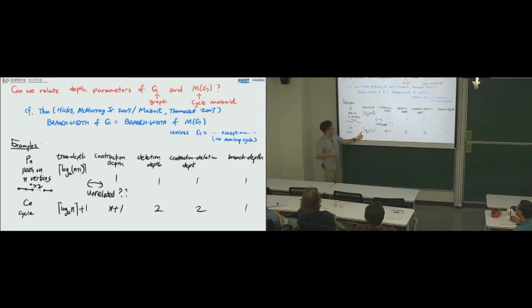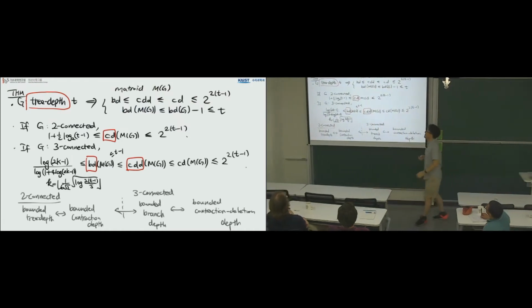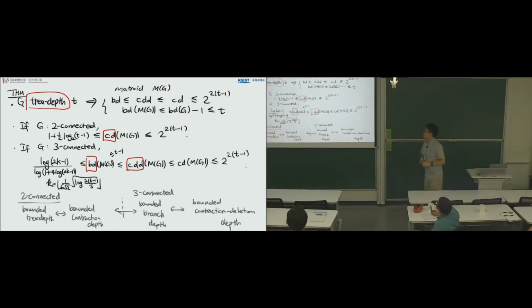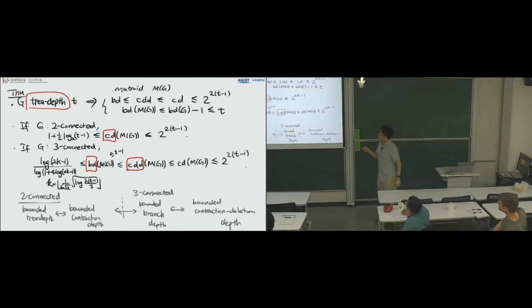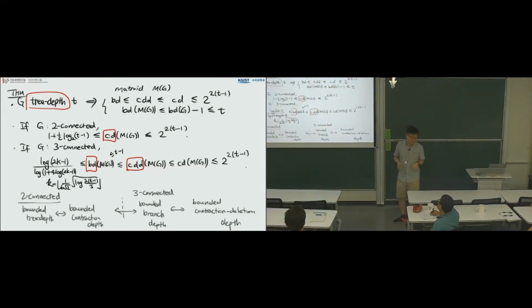In the case of a cycle, these two are related: one is large, the other is large. But then, we were able to say that whenever G is 2-connected, these two parameters are tight. So the contraction depth is big if and only if the tree depth is big.